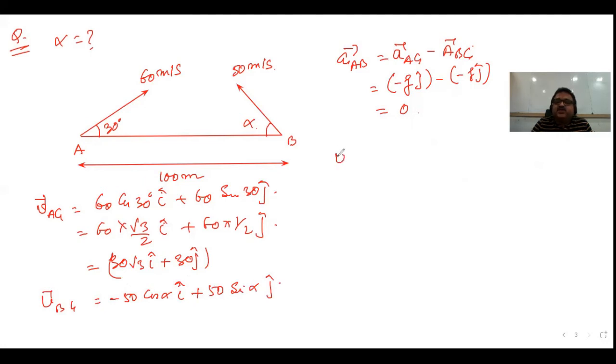Now, what is the relative velocity of A with respect to B? It is very simple: 30 root 3. Okay, that is the velocity of A with respect to ground minus the velocity of B with respect to ground.